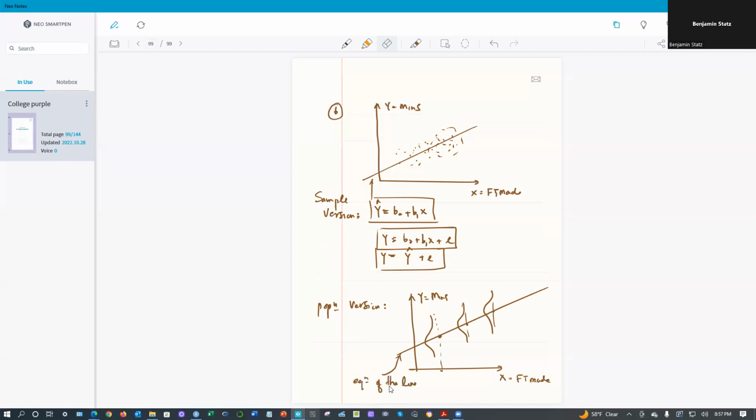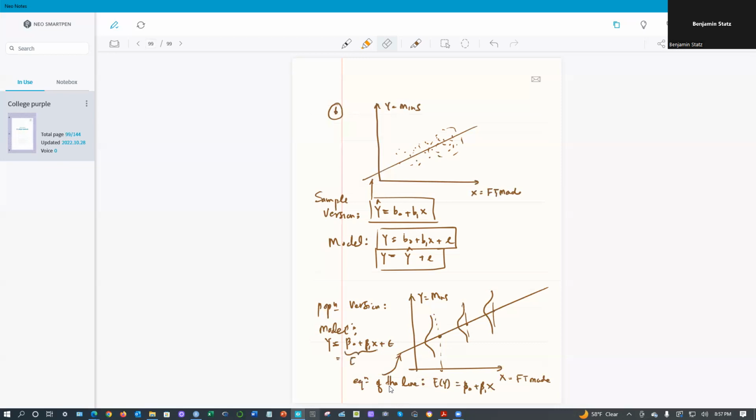You can remember yesterday we did the expected value of y equals beta naught plus beta 1 x. As a model, you can write y equals beta naught plus beta 1 x plus epsilon.